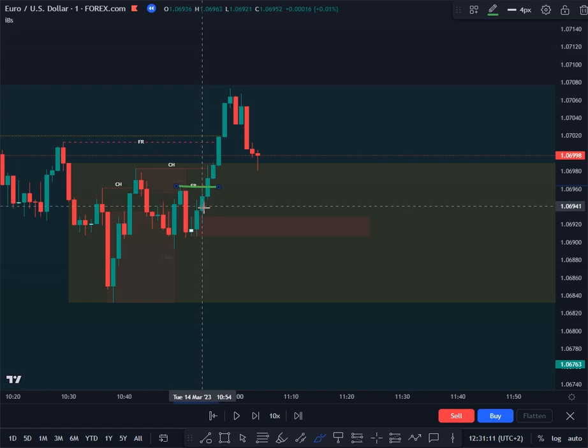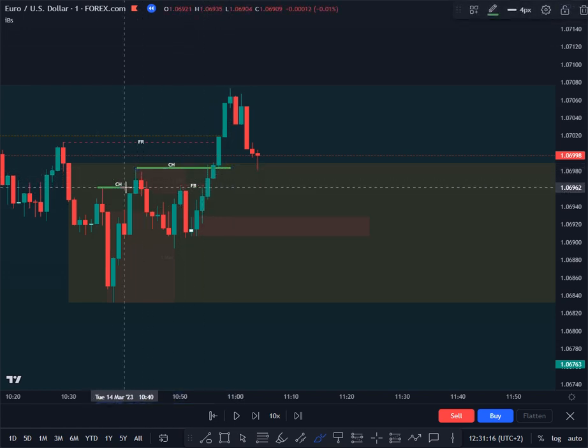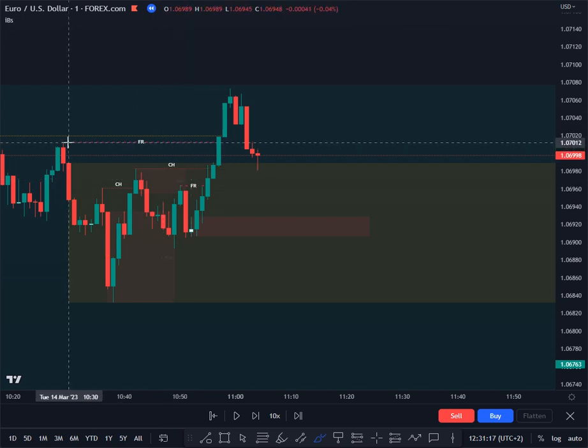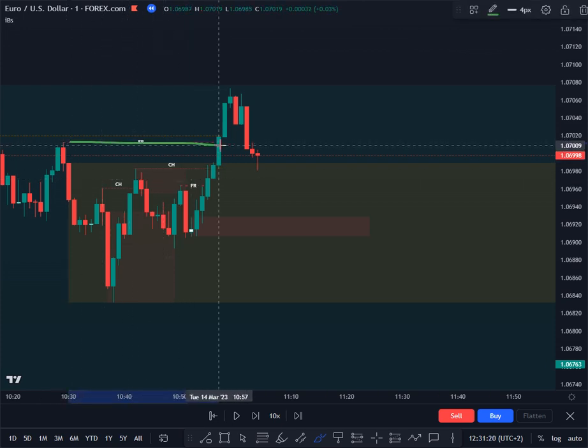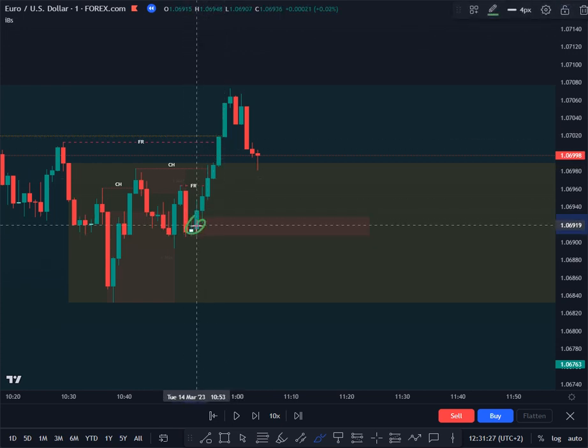Causing this failed reaction, causing this double break of structure from this one, going on to make an M15 zone fail, going on to make an M15 change of character. This demand has a lot of weight behind it.